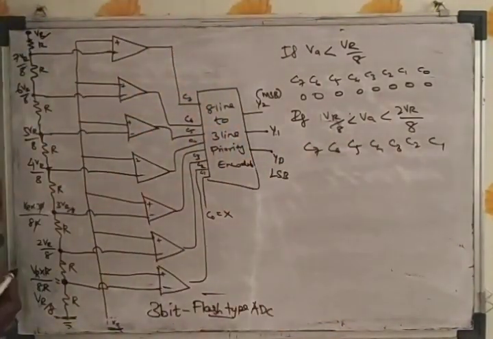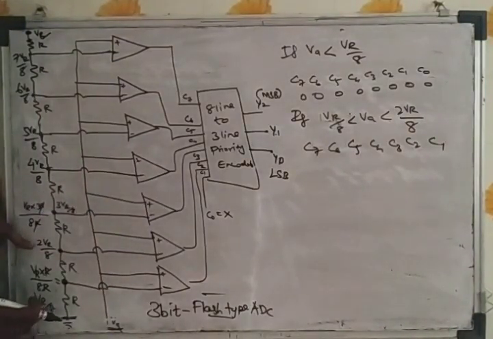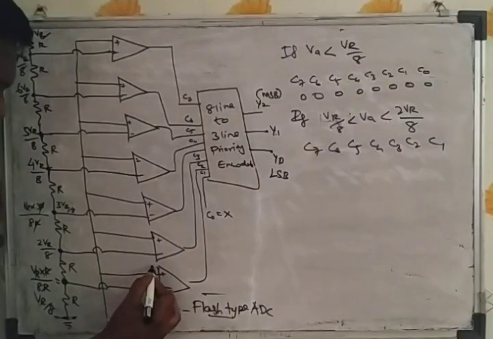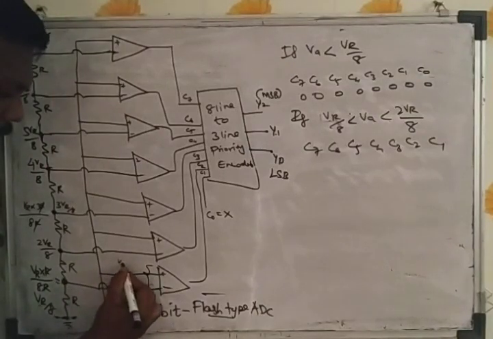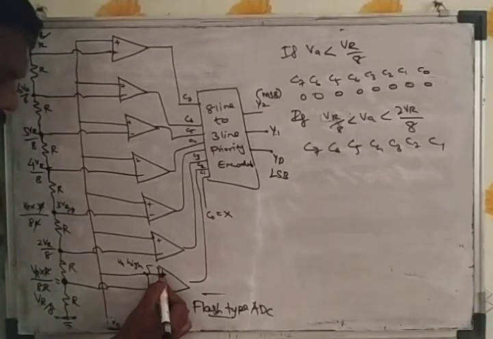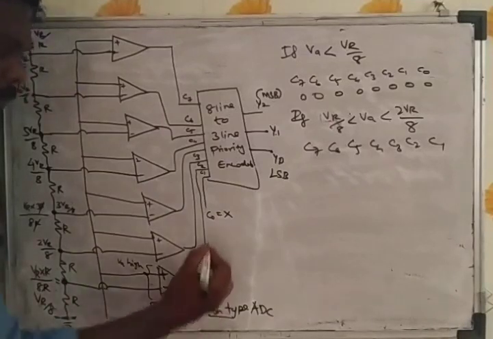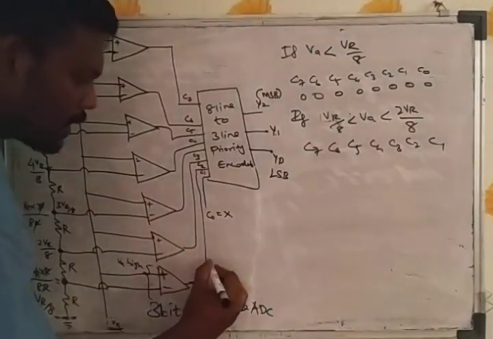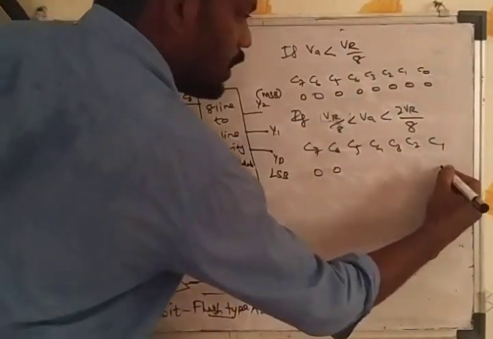So VA ranges in between VR by 8 to 2 VR by 8, which means in this op-amp only the input voltage is high. Input voltage high means the non-inverting terminal becomes high, so your output goes to 1. This C1 alone is 1.